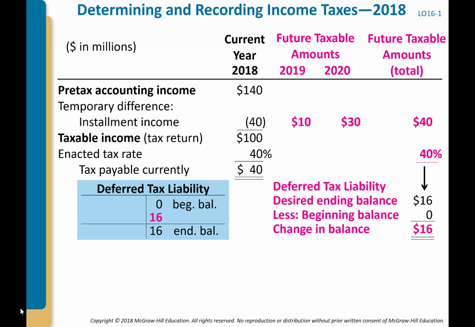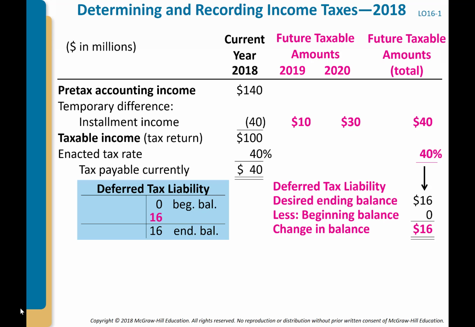Okay, so that's 40 additional taxes, 40 million, I guess. Was it 40,000 or 40 million? Whatever, 40 additional taxes that we're going to have to pay here. And notice that our taxable income for this year was only 100. Meanwhile, our book was 140 because we've already determined that we have earned that revenue for book purposes, right?